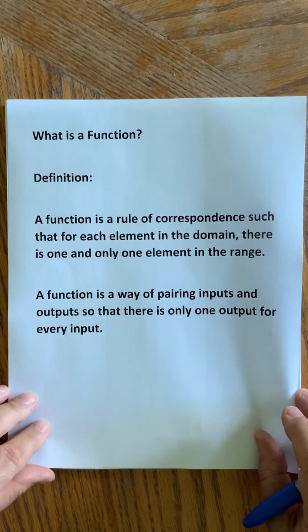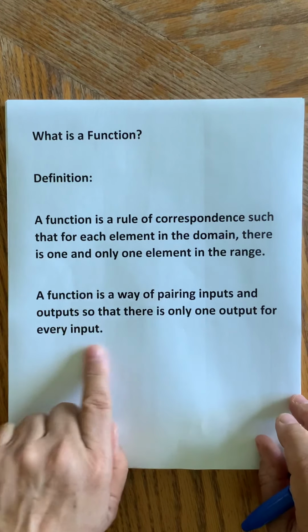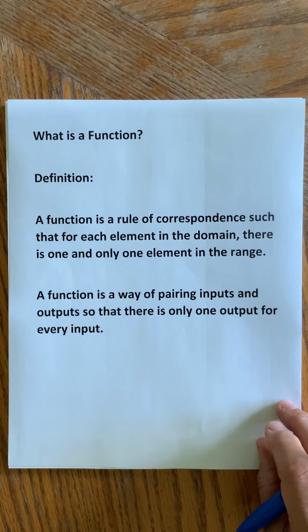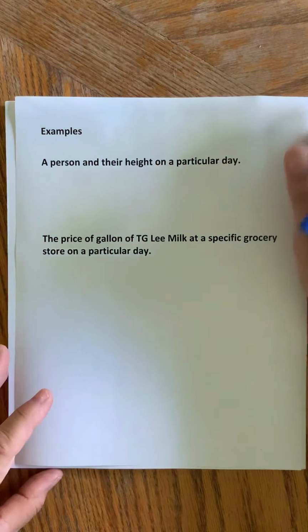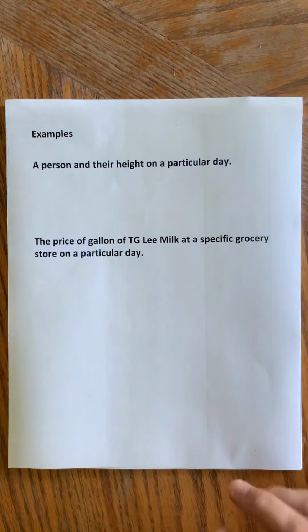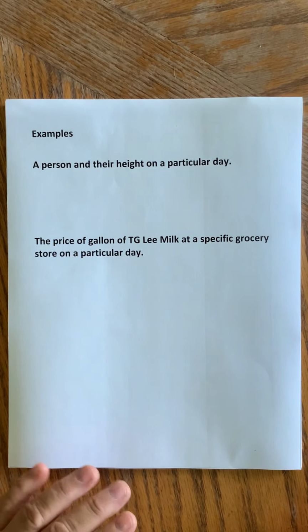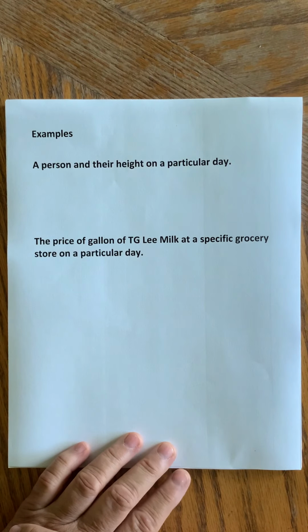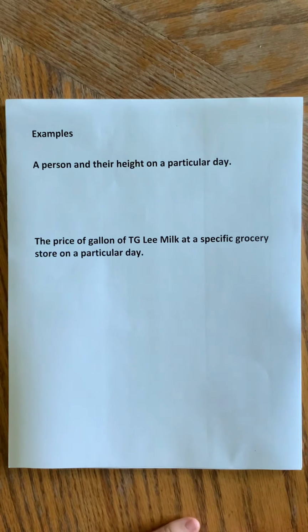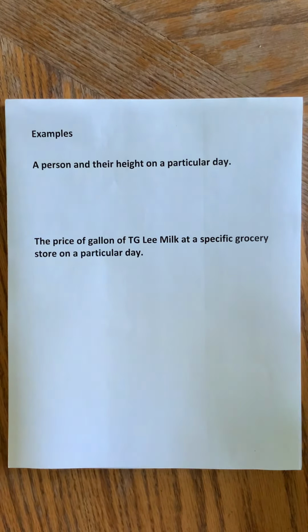But the real important part too is that there's only one output for every input. That's incredibly important. So let's take a look at just a couple examples. And I'm making them hopefully non-mathy, and then we'll look at some of the mathy examples toward the end. So let's say you talk about a person and their height on a particular day. Now I put the qualifier "particular day" because children grow, but not in one day.